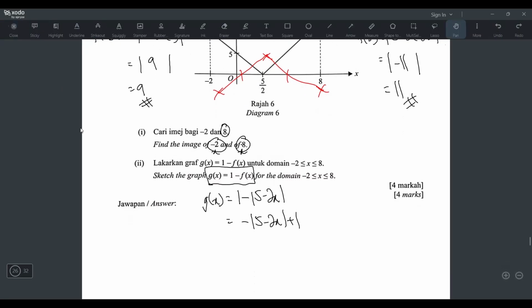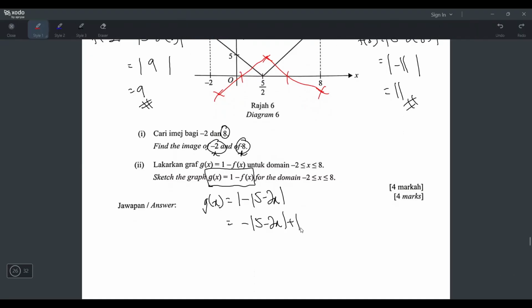Let me explain a bit about the negative and the plus one. You remember in trigonometry, Form 5 chapter 6, you learn how to sketch the graph for sine, cos, tangent. In that part, you learn what the negative and plus one mean.